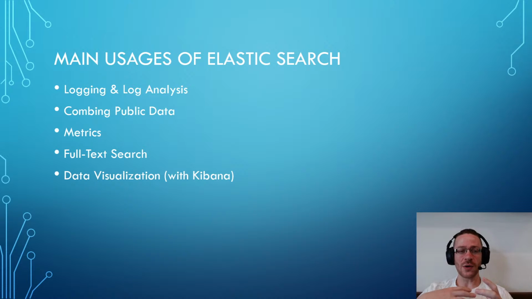So for our logging purposes, we may decide to use MongoDB, for example, because MongoDB is certainly great in terms of storing lots of data and in terms of querying lots of data. So MongoDB will be quite fine. The problem here is that usually logs contain a lot of text.